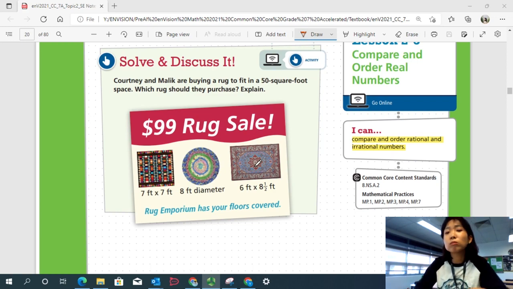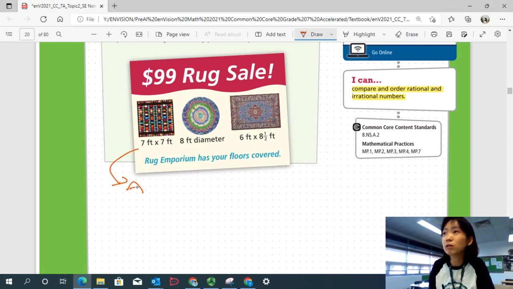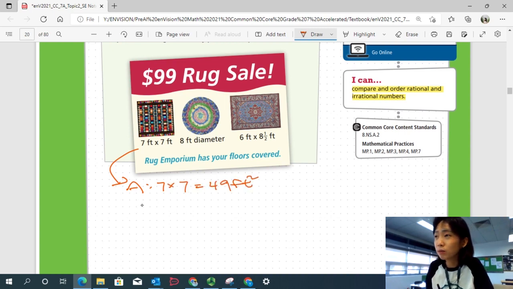So if you want more area to cover your floor, then you want to figure out the areas for all of them, right? So let's figure out the areas for each rug. The area for the first is 7 times 7, which is 49 feet squared.